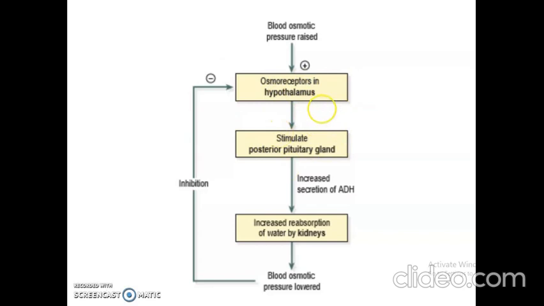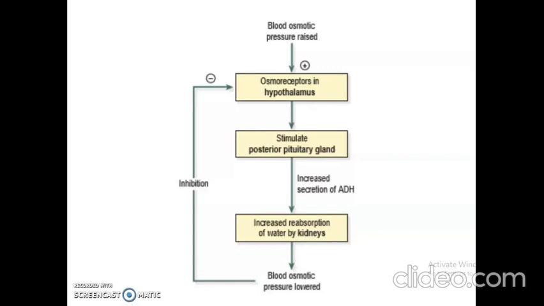The posterior lobe of the pituitary gland immediately releases the antidiuretic hormone into the bloodstream. Once this hormone enters the bloodstream, it circulates throughout the body and reaches the kidneys.